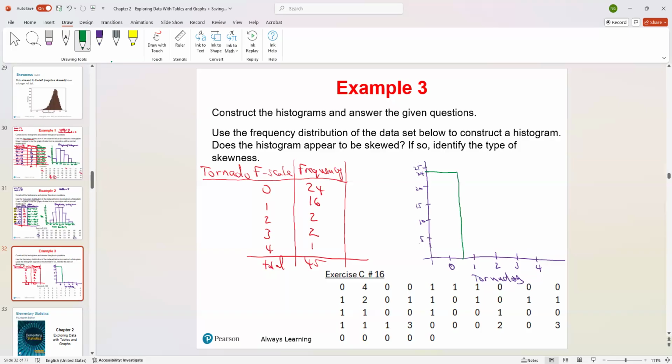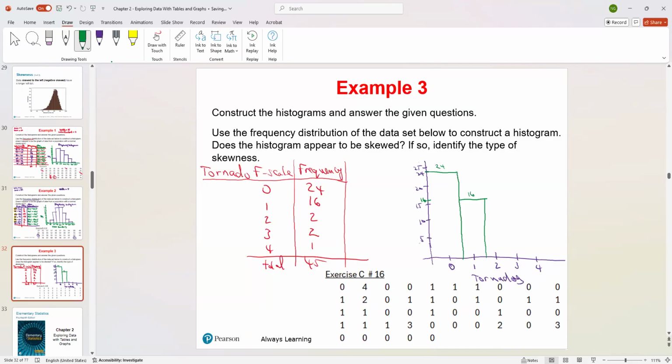That's the first bar. The second bar must go to 16, for example. So it's gonna go from here to the middle between 1 and 2, exactly between 1 and 2. Remember, this is 24, this is 16, etc. We can continue with two tornadoes.